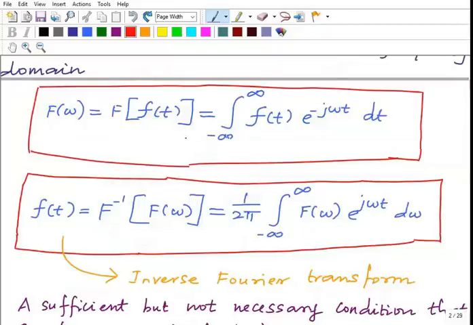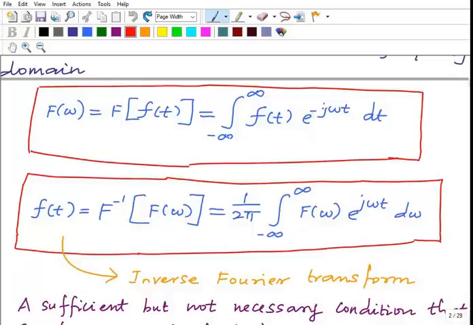You can notice the first formula, the forward Fourier transform: F of omega is the integral from minus infinity to plus infinity of f of t e power minus j omega t dt. Suppose I have the answer in the frequency domain, I need to go for the inverse Fourier transform to get the time domain result. f of t is the inverse Fourier transform of F of omega: 1 over 2 pi, a scaling factor, times the integral from minus infinity to plus infinity of F of omega e power plus j omega t.